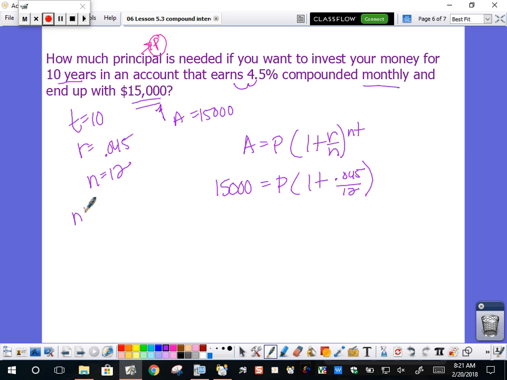Okay, so let's figure out NT. NT is going to be 12 times 10, or 120, so that's going to be the exponent. Okay, so just like before, we're going to do this part over here first.